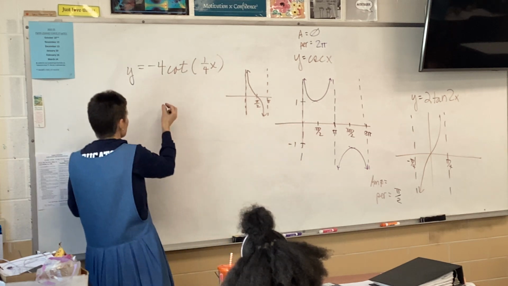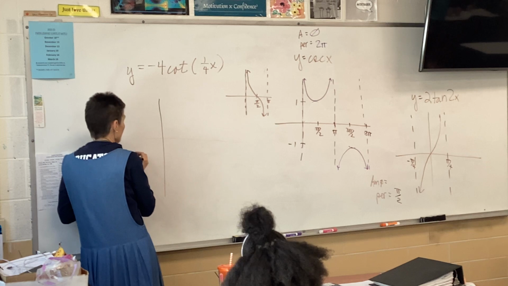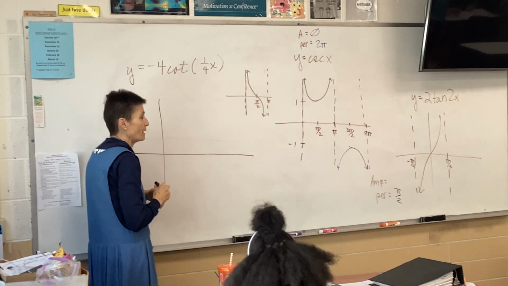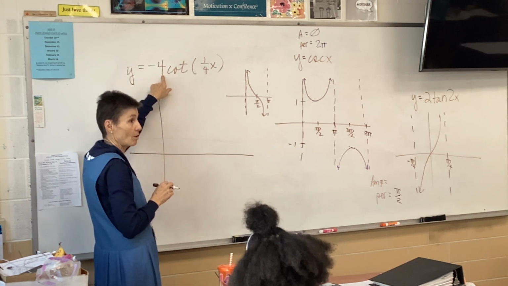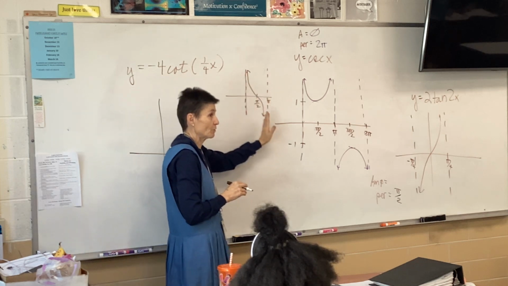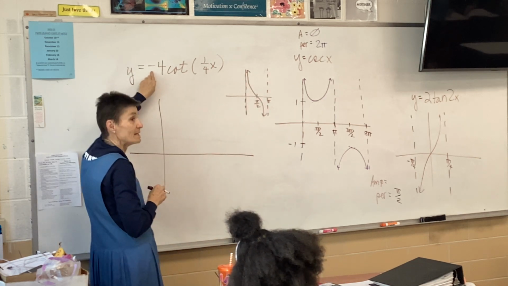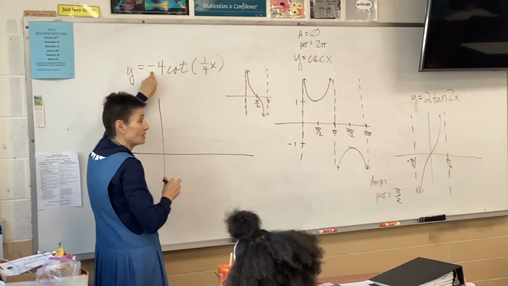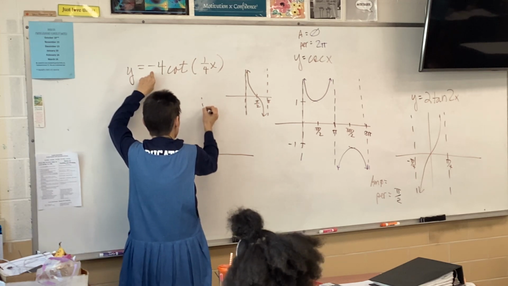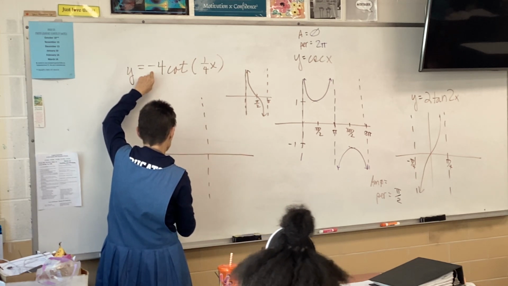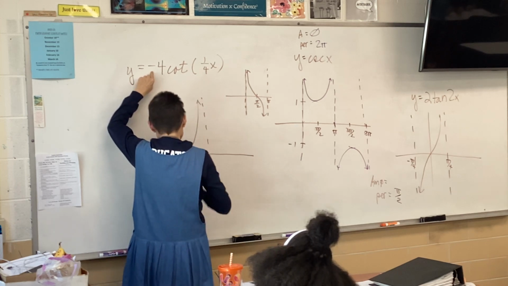Now, what have I done to it here? Done a couple of things to it. Well, that 4 is gonna affect the curvature, and that's all. So I'm not gonna worry about the 4, but the negative means that it's actually now gonna look like a tangent.